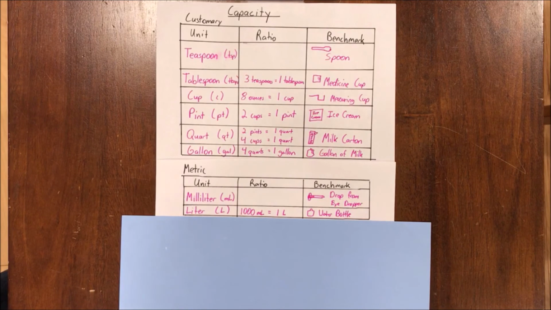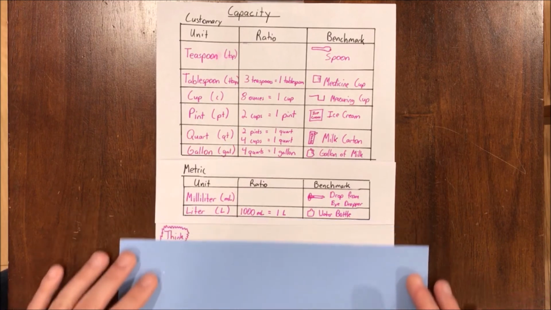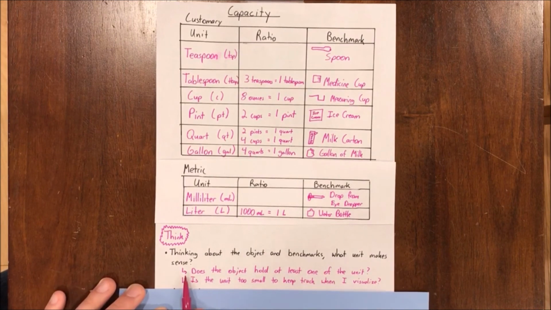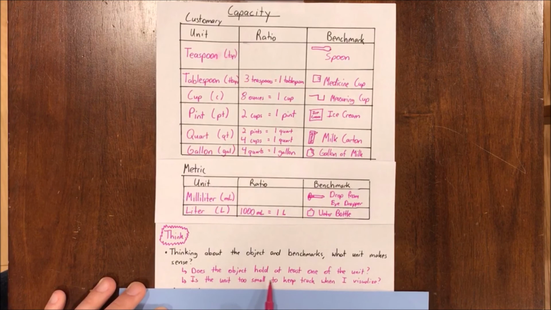All right, so what do we need to think about in order to estimate the capacity of something? Go ahead and say it out loud. Yeah, I mean, just like yesterday, right? We have to think about the object and the benchmark and think what unit makes sense. And to do that, we have to think, does the object hold at least one of the unit?